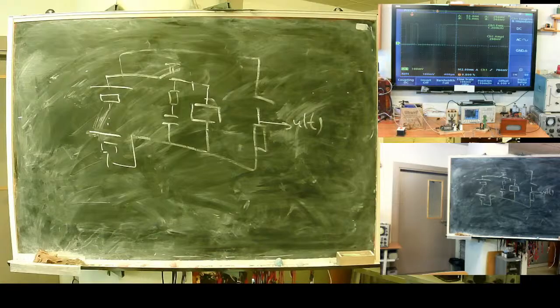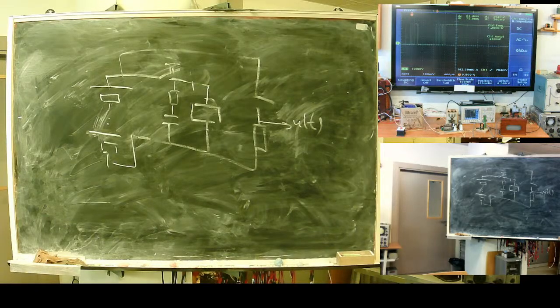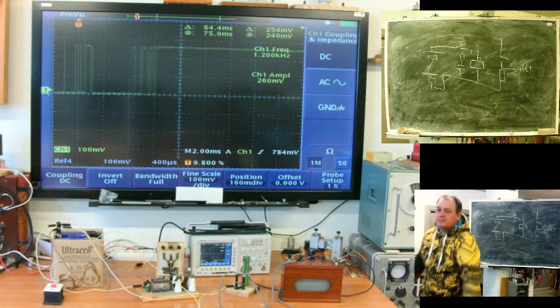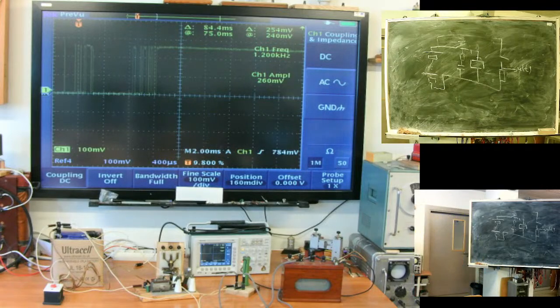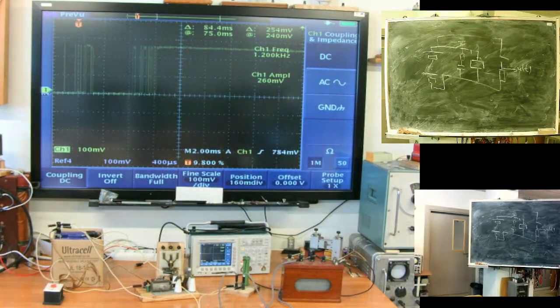This is how contacts make. No button, no relay, no sensors with contacts ever make 100%. It's contact bounce. One moment, I will switch. Okay, it's how a real contact makes.